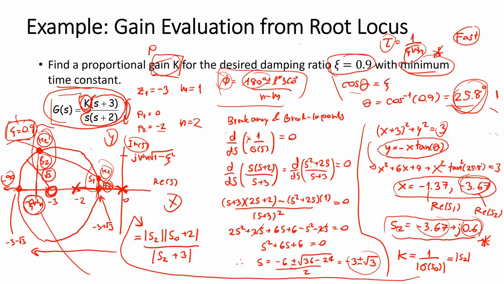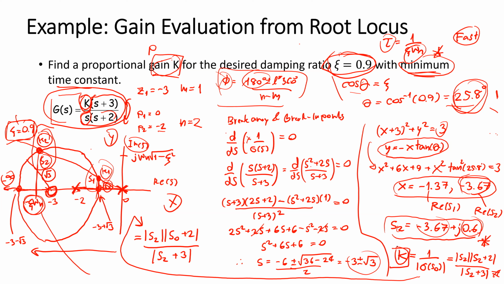Magnitude of S2 multiplied by the magnitude of S2 plus 2 divided by the magnitude of S2 plus 3. And when you solve the magnitude of this, you're gonna get the gain K. The gain K that make your system have the damping ratio 0.9 at the minimum time constant.